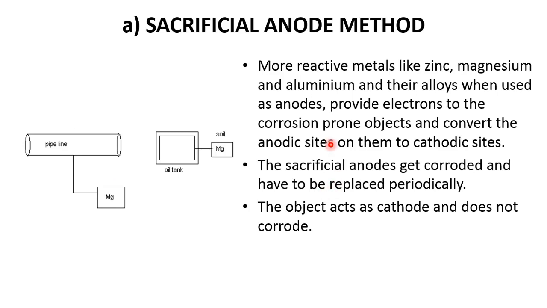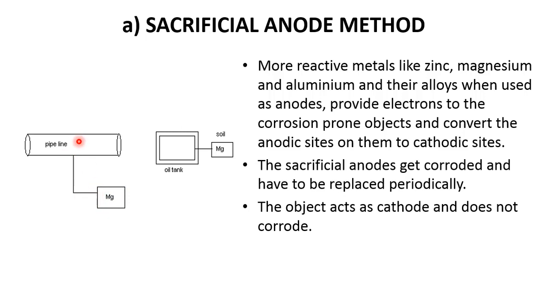Sacrificial anode method. More reactive metals like zinc, magnesium and aluminium and their alloys, when used as anodes, provide electrons to the corrosion prone objects and convert the anodic sites on them into cathodic sites. For example, here the corrosion undergoing iron pipeline is connected to the magnesium block.